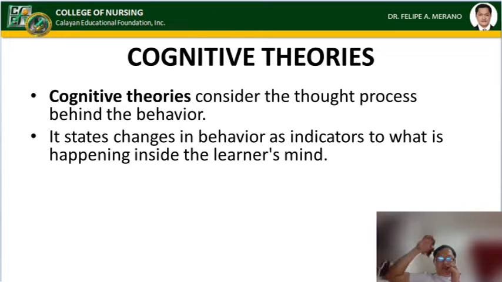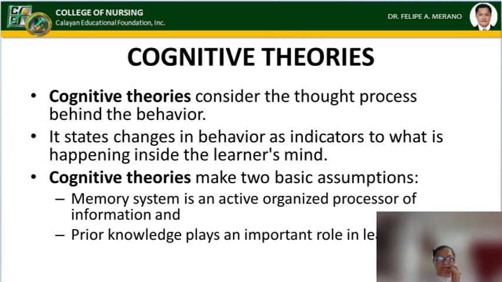So this will extract what is happening in the learner's mind, and we will discuss it further on the next slides. Cognitive theories make two basic assumptions: the memory system is an active organized processor of information, and prior knowledge plays an important role in learning.